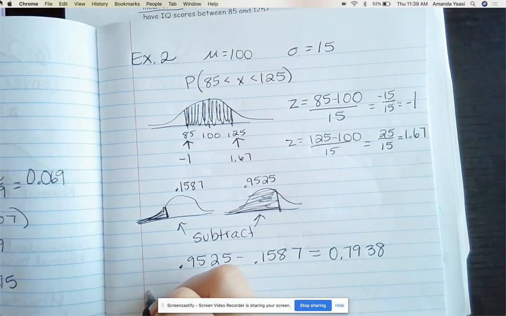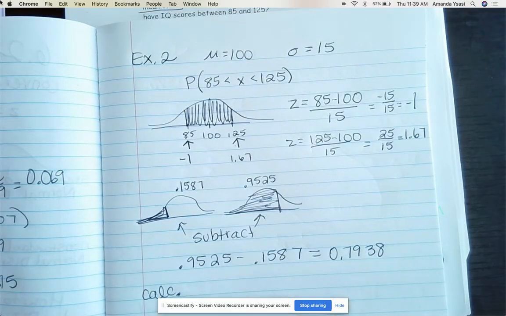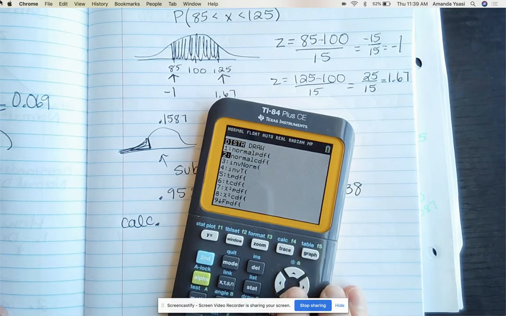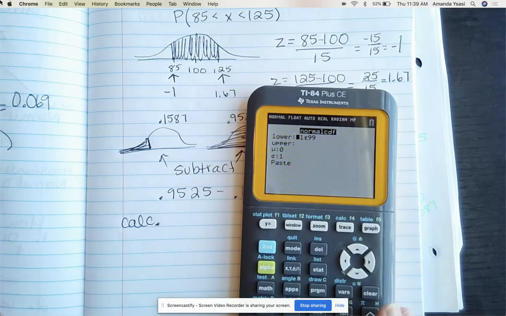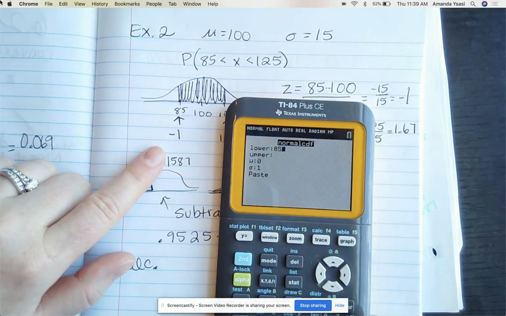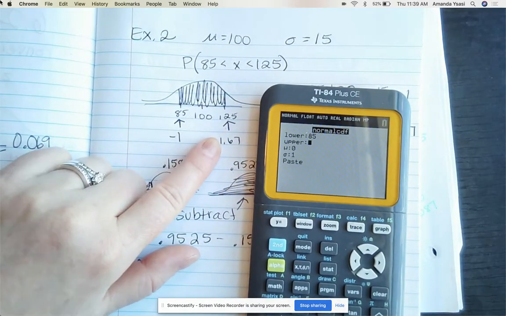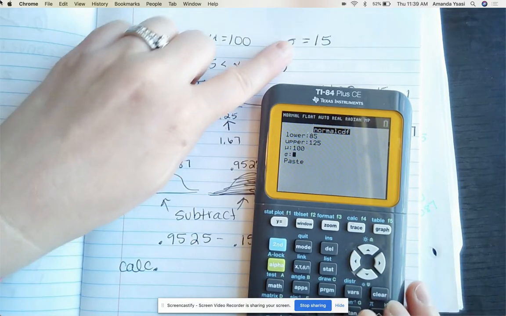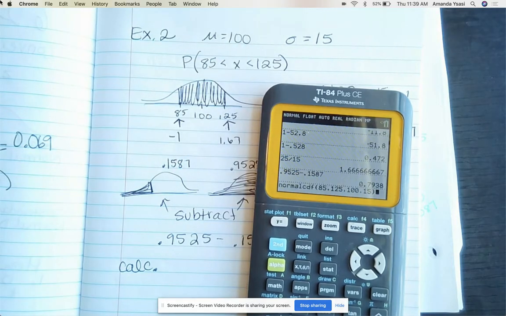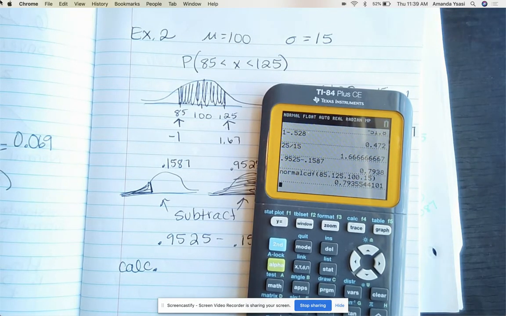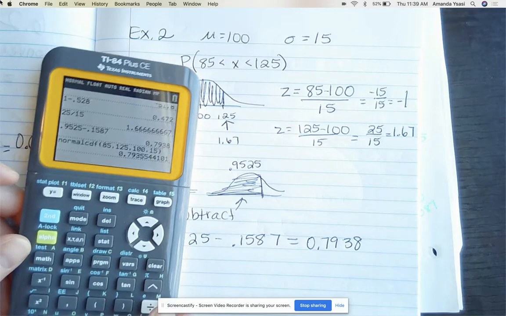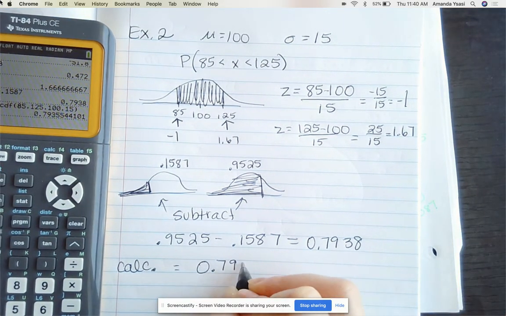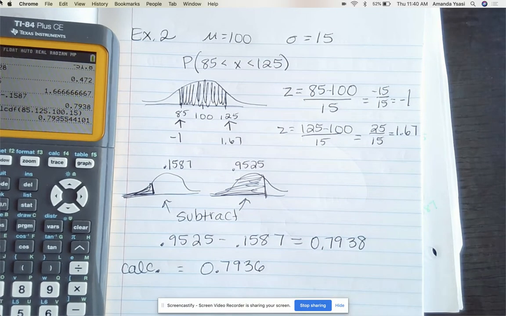Okay, and then if we were to do the calculator, we can do that as well. So I do second VARS, normal CDF. This time my lower is going to be 85. My upper is going to be 125. Mu is 100. Standard deviation is 15. Look at that. Came out the same. 0.7936 if we round.